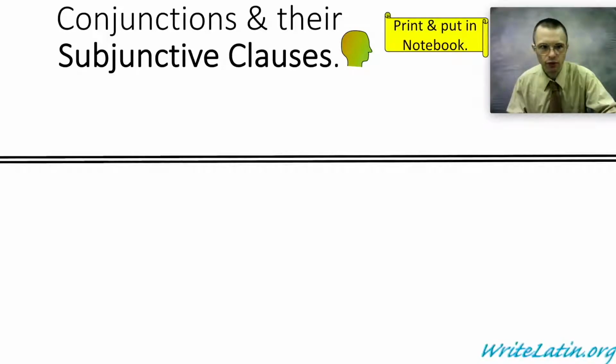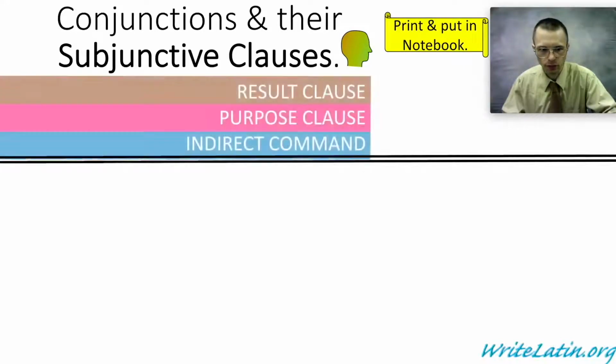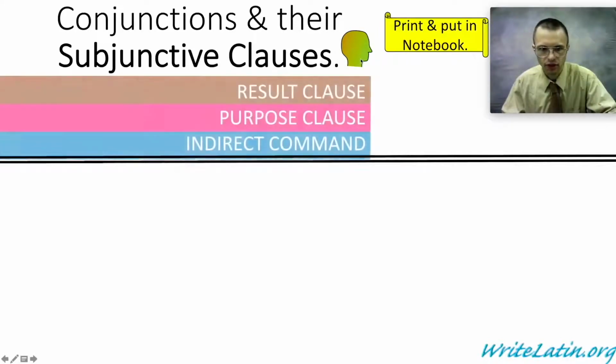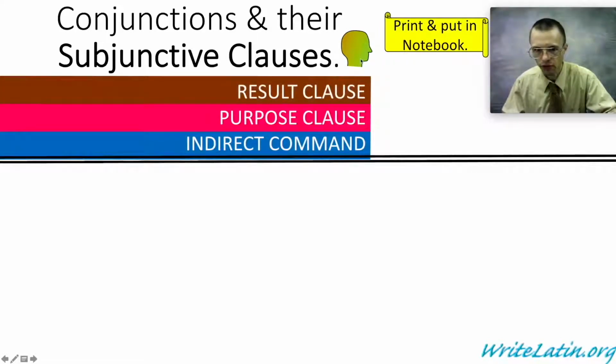There are about 7 or 8 different kinds of subjunctive clauses, which will take a subjunctive, and we are going to learn them now. The ones above the line here are all forward-looking or prospective, so almost all the verbs are present stem subjunctives. They are the result clause, the purpose clause, and the indirect command.